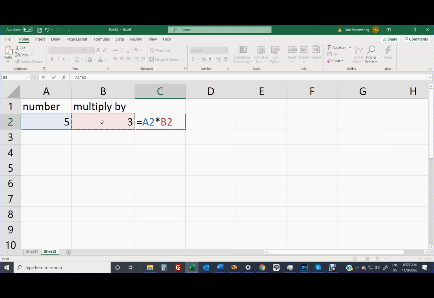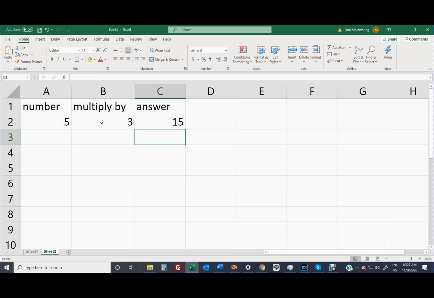There it is. So it's 5 times 3. So it asked me what I wanted to do, and I'm saying I want you to multiply 5 by 3. 5 3s are 15. That was simple. Okay, so that's the simple bit.